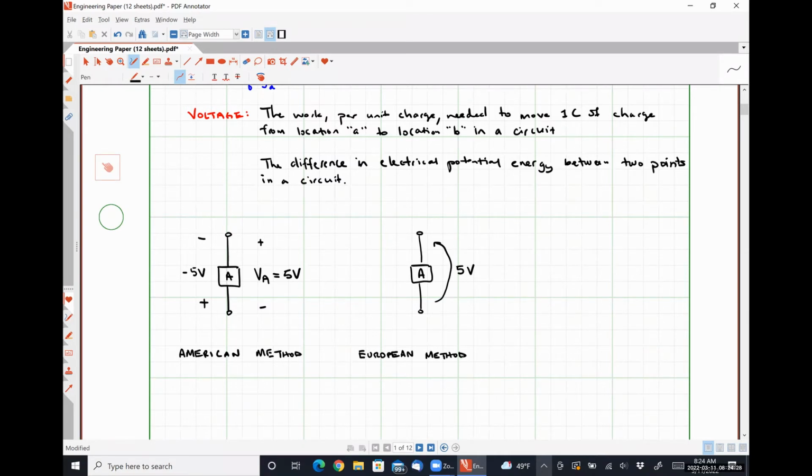There's a final way to do it that we're not going to utilize a whole lot in this class, but we will on occasion. And it's what's called a double subscript notation.